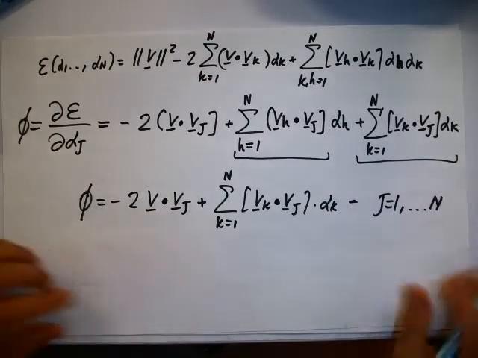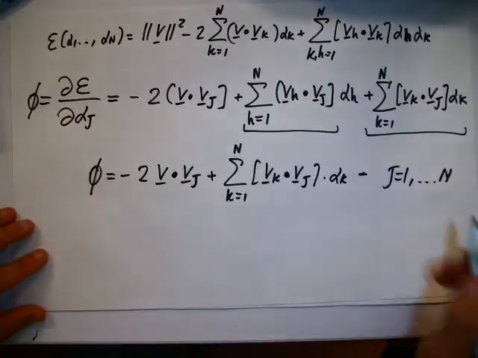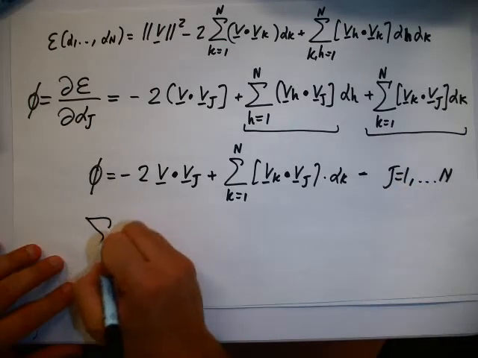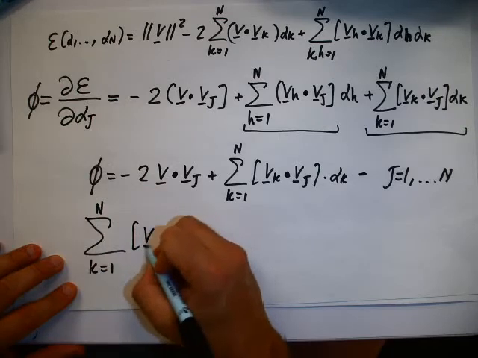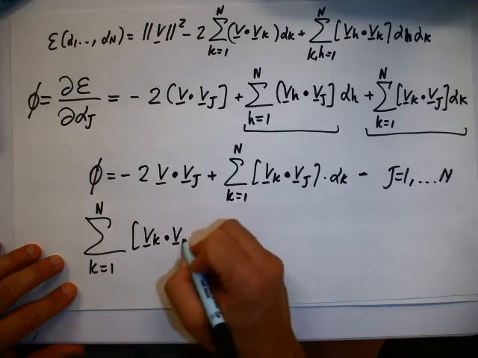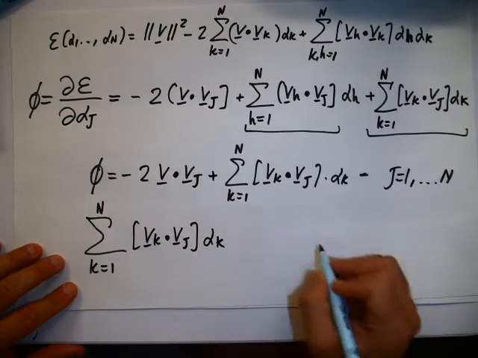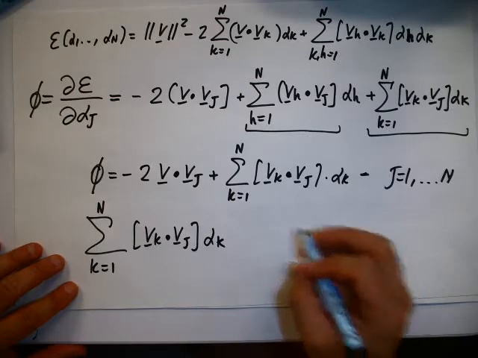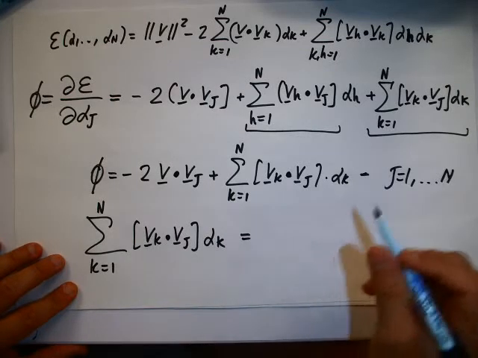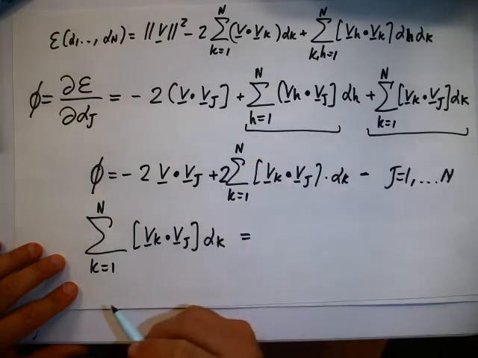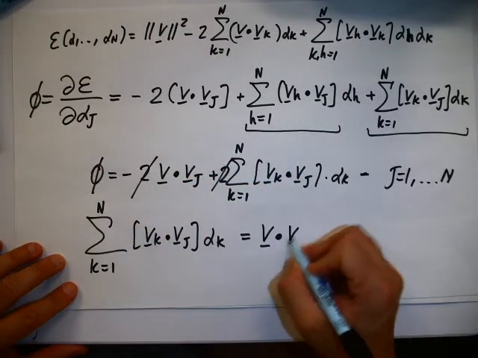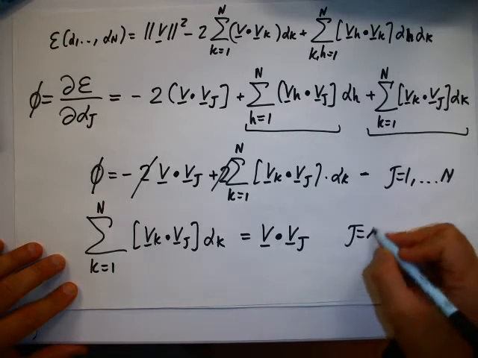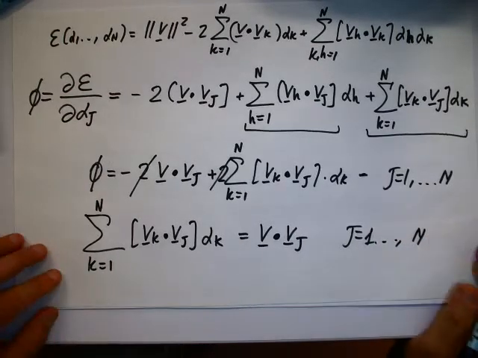So what we got here is basically a linear system to solve for the n alpha_k coefficients. And sorry, here is a double 2, I forgot. So 2 and 2 simplify. So we have v dot v_j for j equal 1 to n.